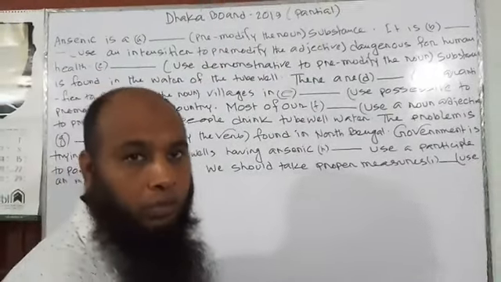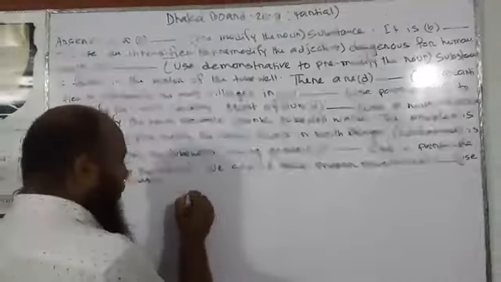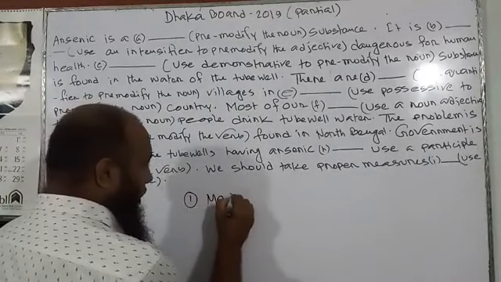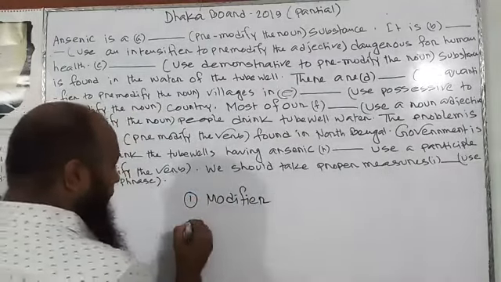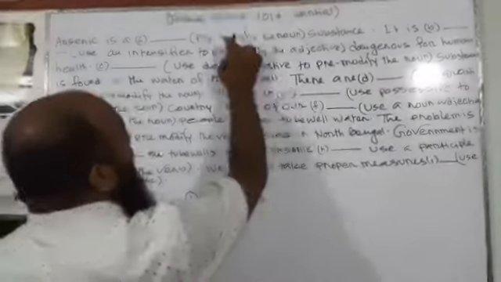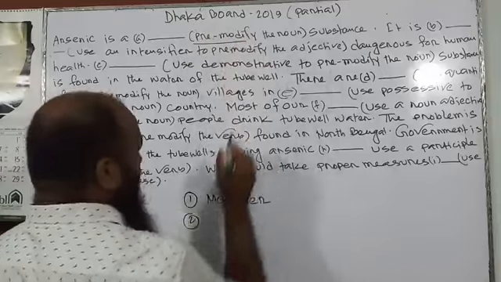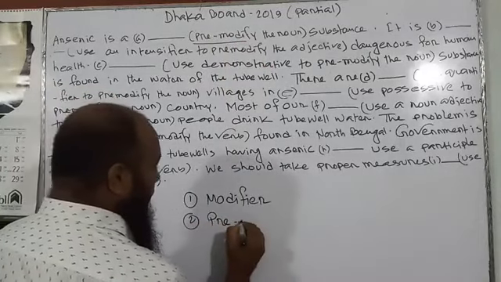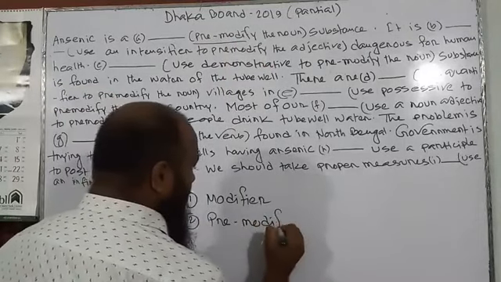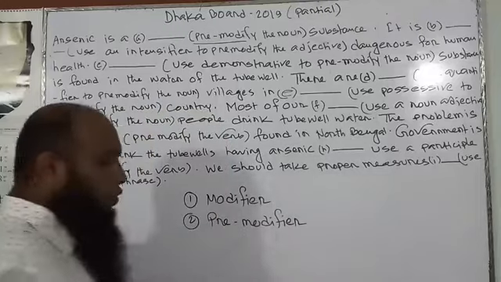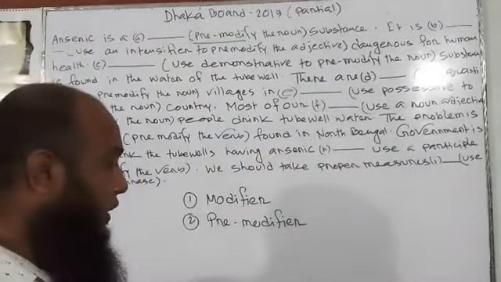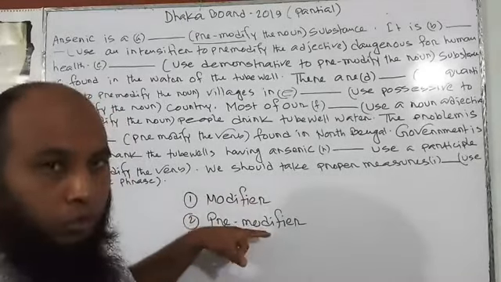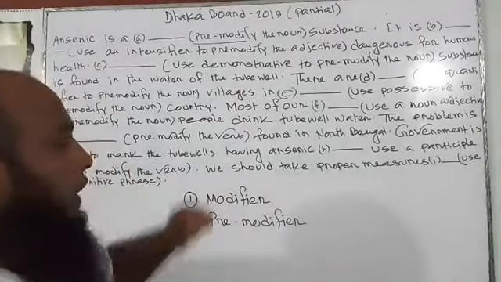Pre-modify the noun. Okay. Then you have to know what is modifier. You should know this. Number 2, pre-modify the noun. You must know what is pre-modifier, as it is written there. You should know this, and we are going to discuss this sort of words that will arise from here.